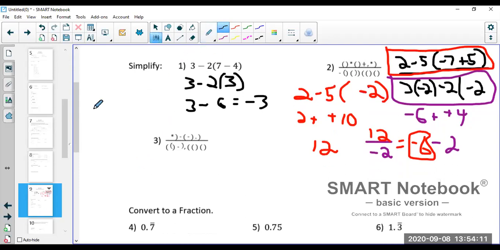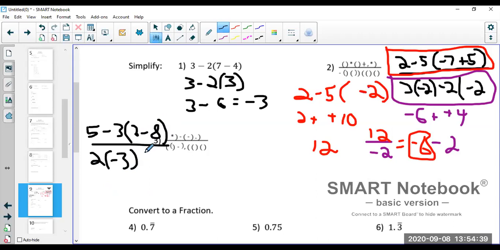Our question is going to be 5 minus 3 times, in brackets, 3 minus 8, over 2 times negative 3 plus 2 times negative 2.